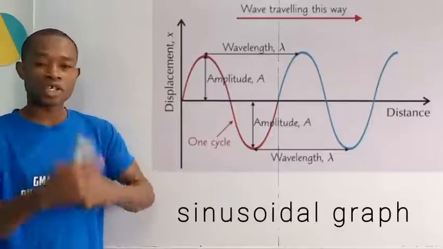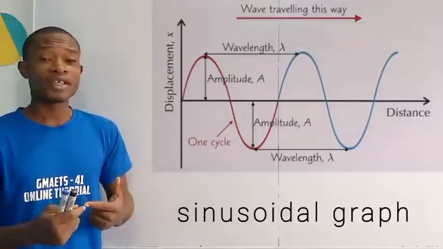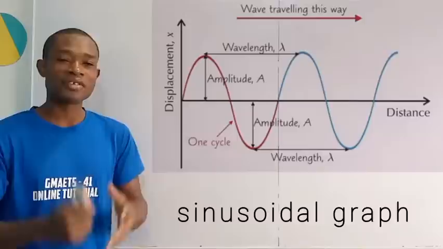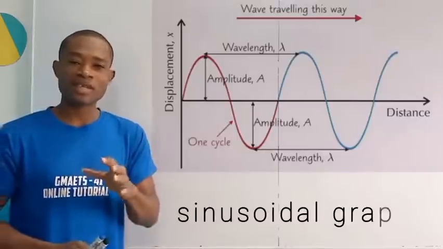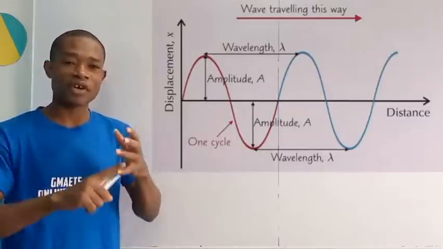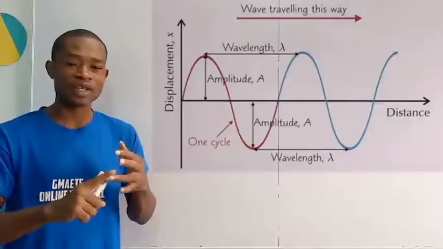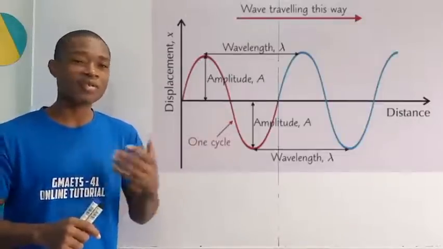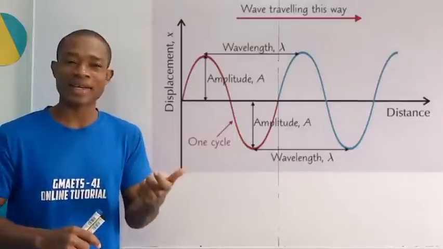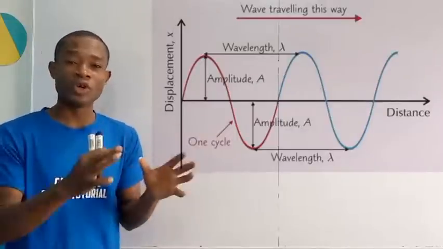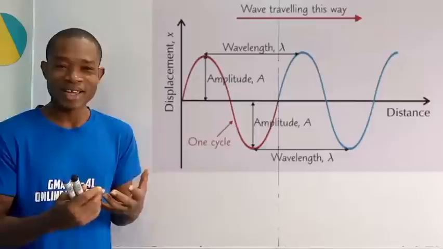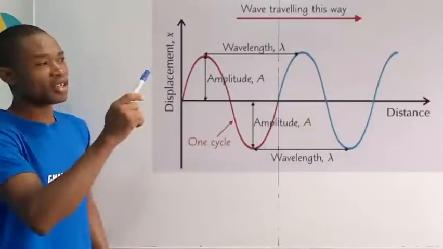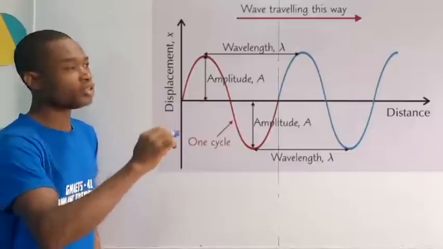Wave motion is a periodic motion, and the graph follows the sine graph. In mathematics, under trigonometry, we have the graph of sine, the graph of cosine, the graph of tangent. When dealing with wave motion, the graph follows that of sine. It could also follow the cosine graph as well. The only difference between the sine graph and the cosine graph is that the sine graph moves just upward.